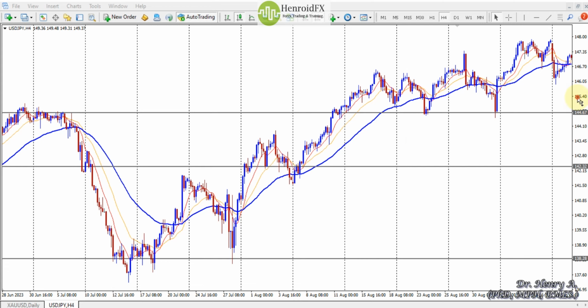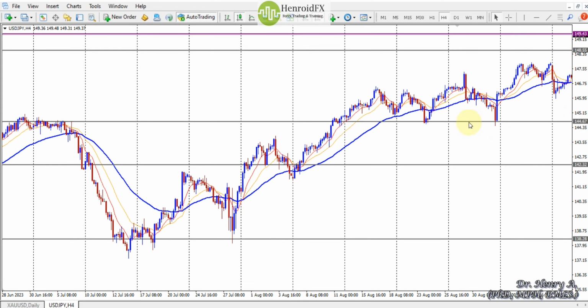Now, you can also learn to combine your support level and your resistance level. Take for instance, you can see this here. It went up from here and then it came down to retest this price level. You can take your trade by simply waiting for it to cross the 50 EMA at this point, and then you take your trade and calculate your take profit by calculating where you entered.